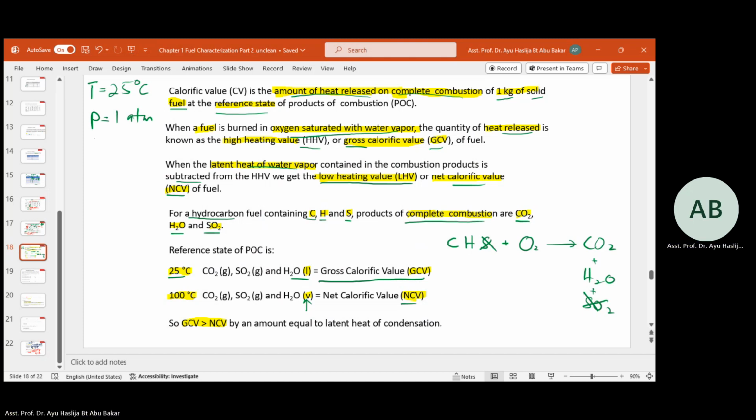Energy, joule. There are units of joule and units of calorie. So basically GCV is larger than NCV.